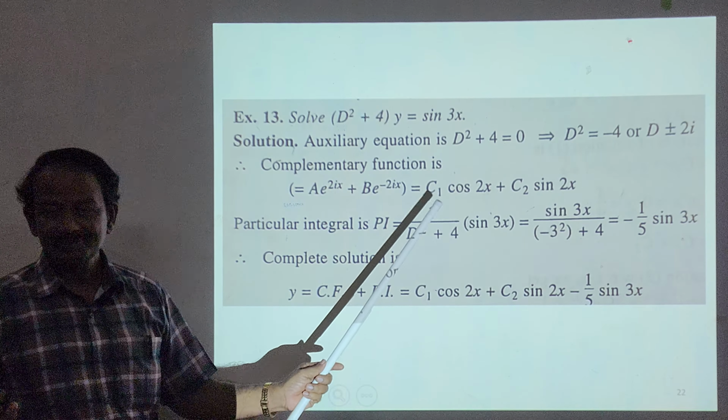Just remember this one. I repeat: 1 divided by d plus 2 whole squared. I can pull 2 out here, so this becomes 1 plus d by 2. Since the square is there, I pull out 4. Suppose the square is not there, then for d plus 2 I pull 2 out, meaning 1 plus d by 2 simply. The square is there, so this becomes 4 times 1 plus d by 2 whole squared.